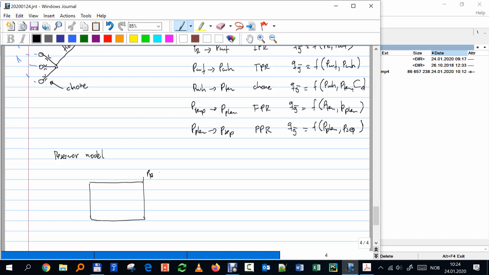The main parameter that I'm interested in is this PR, and I want to see how that's changing with time. But it depends not so much on time as on how much I have drained, how much fluids I have produced. So there we're going to use the dry gas material balance.